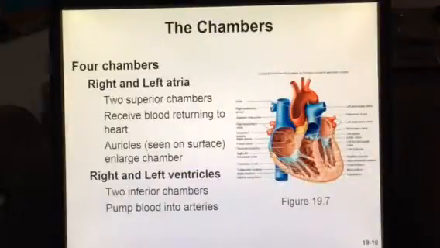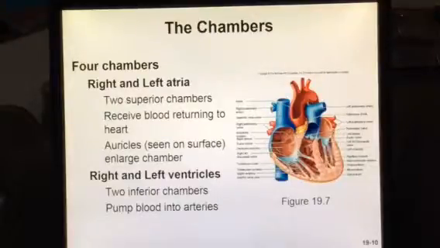Okay, there are 4 chambers of the heart. 2 atria, the right and the left side, are the superior chambers. They're on the top of the heart, and they receive the blood that's returning to the heart. On the surface of the heart you can see auricles, which we will see when we dissect.